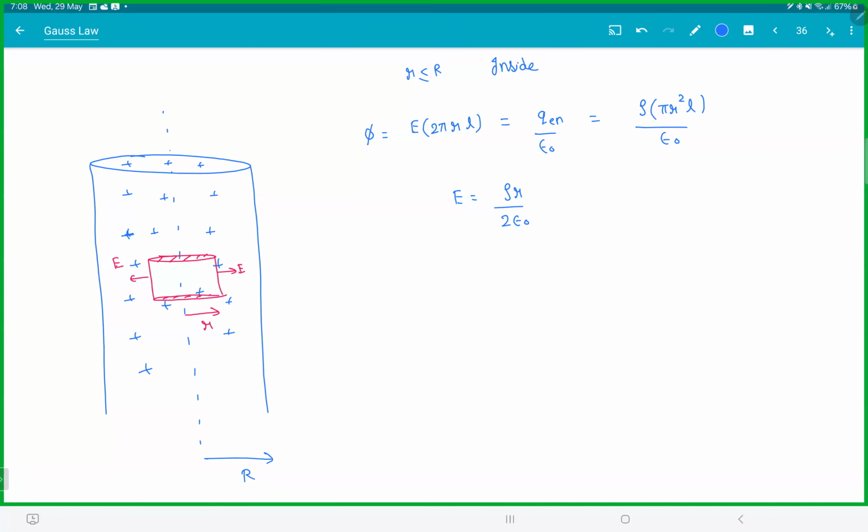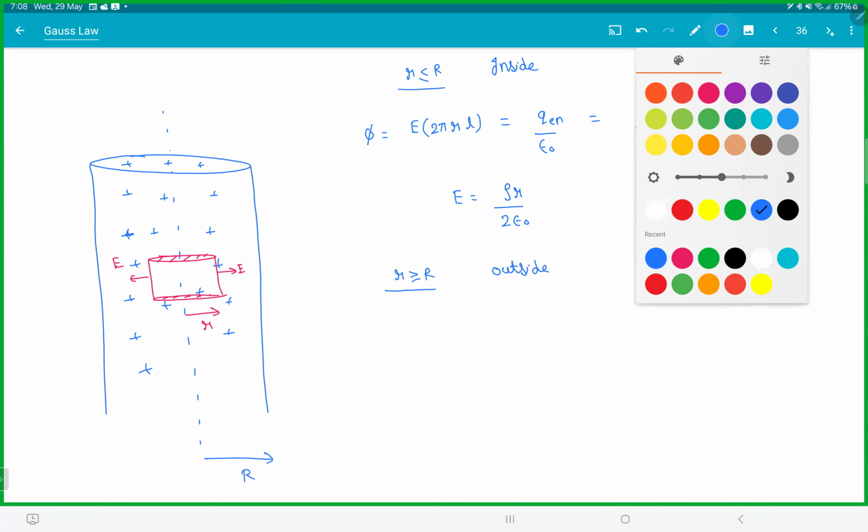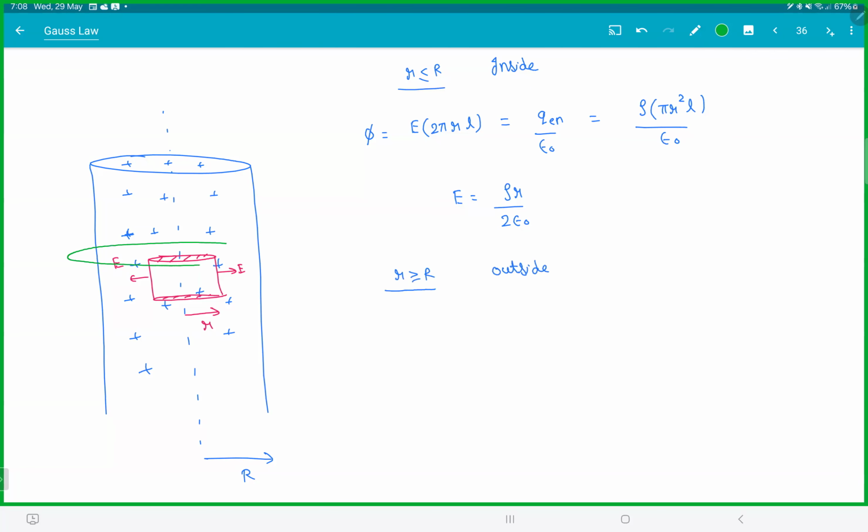I think most of you did get it. Now, if you take r greater than or equal to R, that is, the outside points, same logic, we will use a bigger Gaussian surface. This time r is outside.